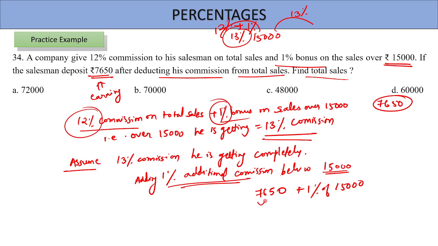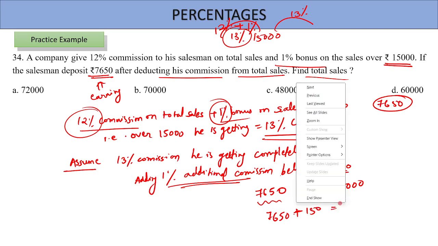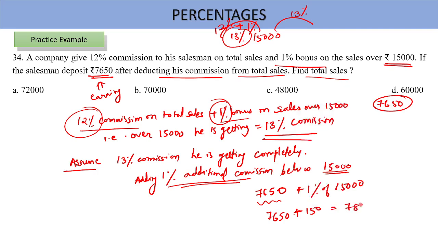Eventually, I was getting 7650, but what I did, I included 1% additional below 15,000 also. So he will also get that 1 percentage, which is nothing but 7650 plus 150, which is 7800.